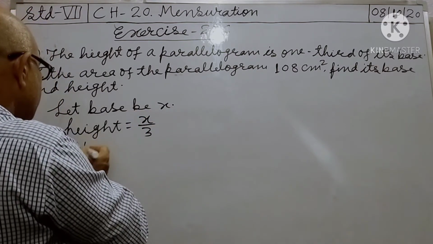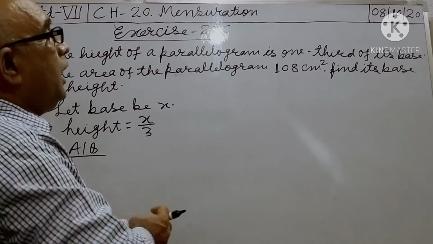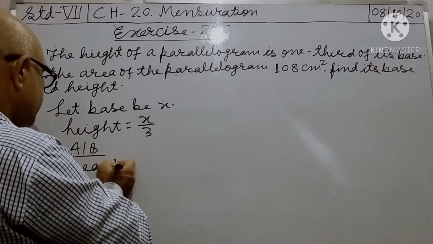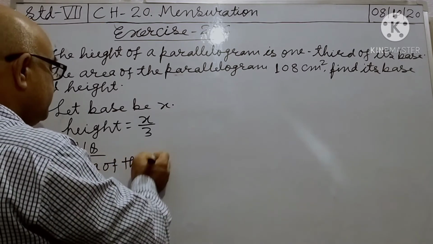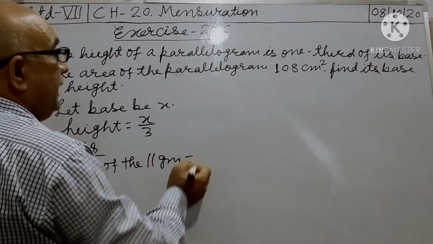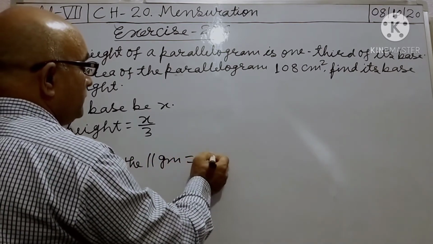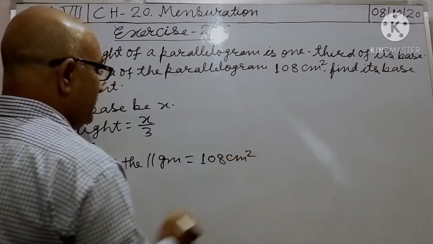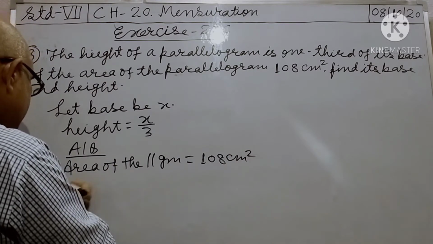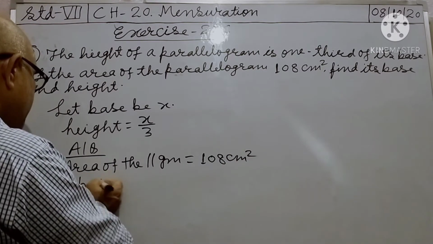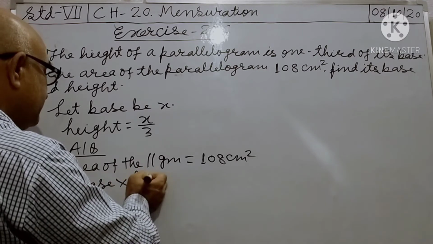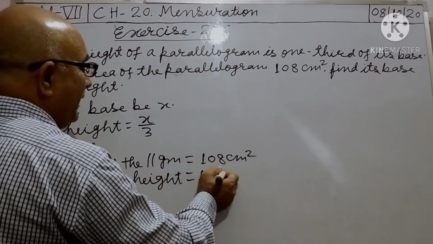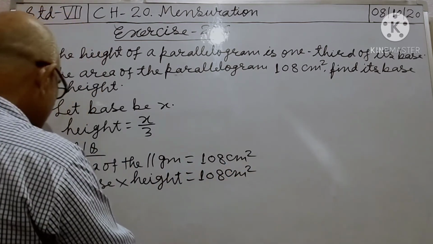According to question, area of the parallelogram equal to 108 cm square. That implies base into height equal to 108 cm square.